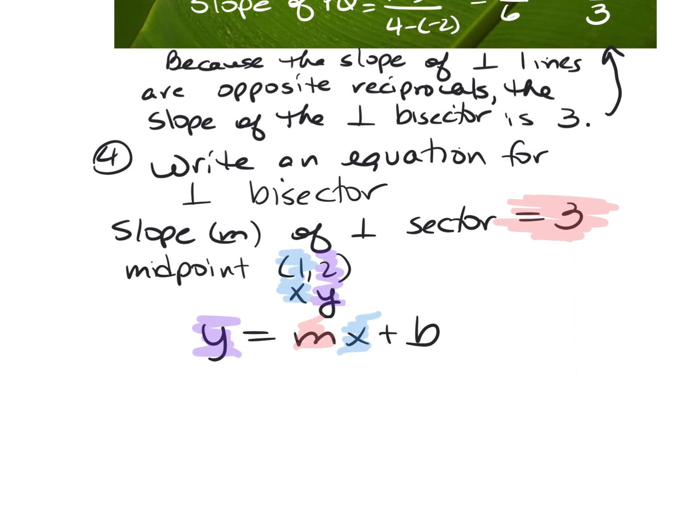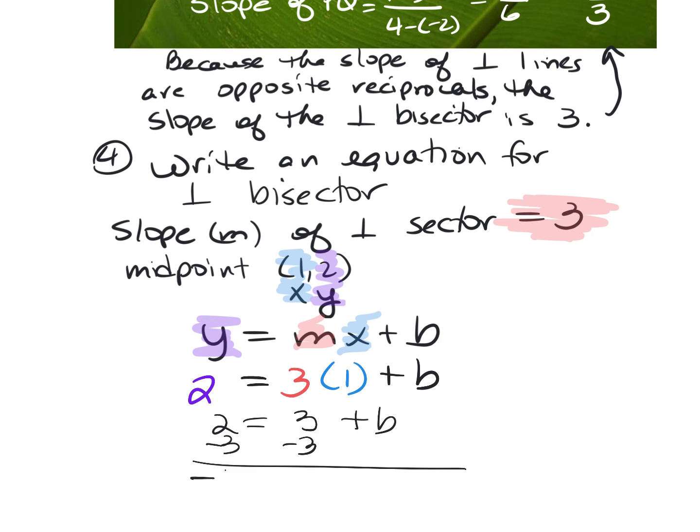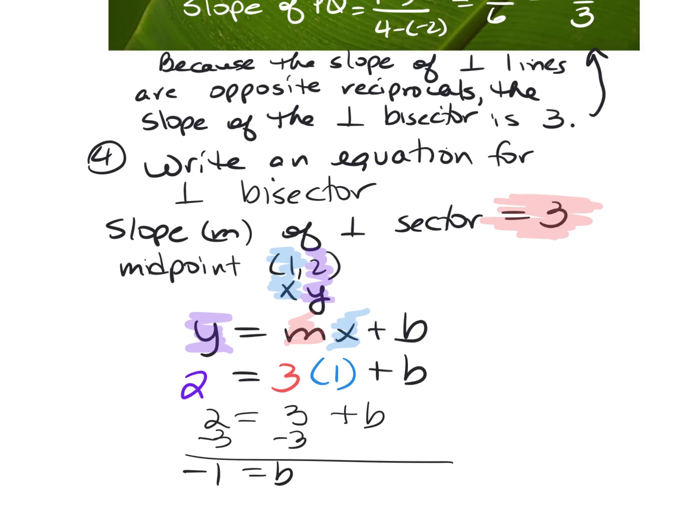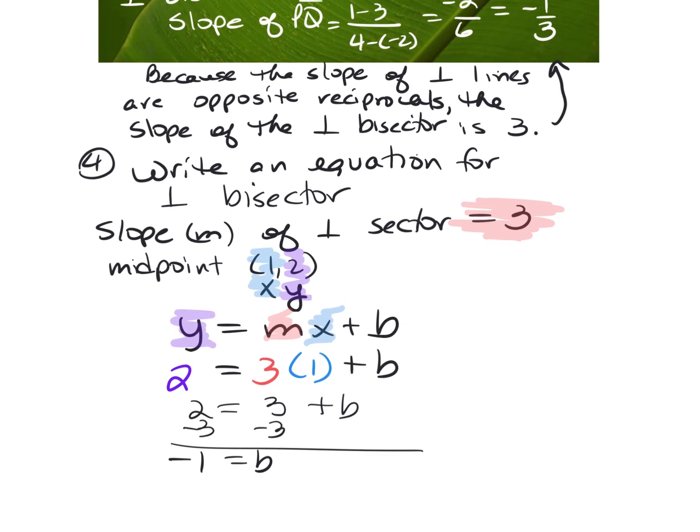So I'm going to replace y with 2, my m with 3, my x with 1, and then I'm leaving the b because that's what I'm solving for. So I end up getting 2 is equal to 3 plus b, subtract the 3, and negative 1 equals b. This is the y-intercept of my perpendicular bisector.